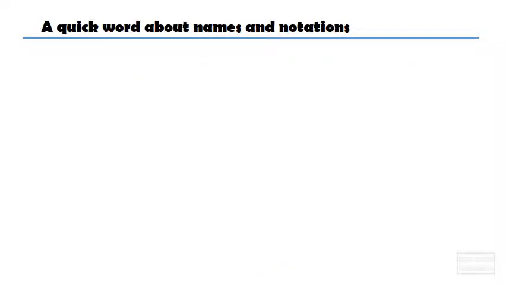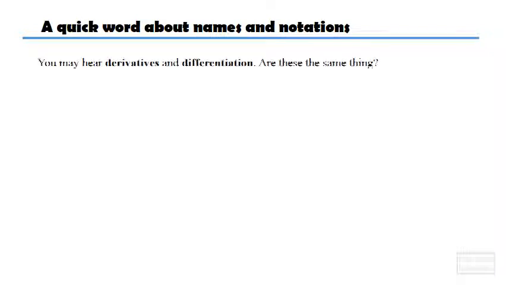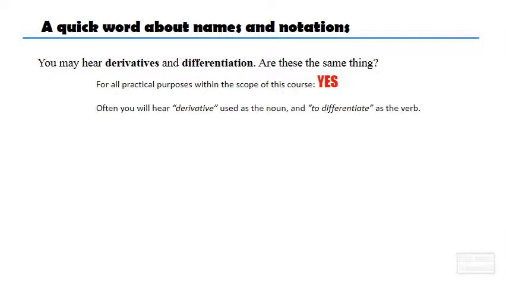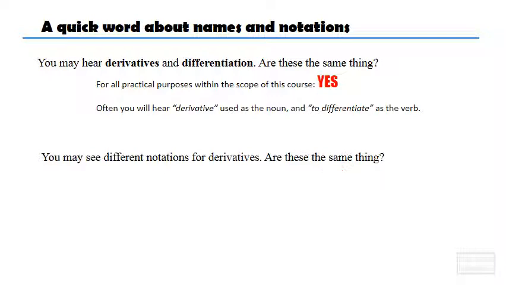So, important things to mention: the way we write it and how we talk about it. Firstly, you may hear derivatives and differentiation, and they are the same thing. Normally we'll say derivative as a noun, like I'm making the derivative, and differentiate as a verb. I'm going to differentiate. And finally, there are different notations for derivatives.